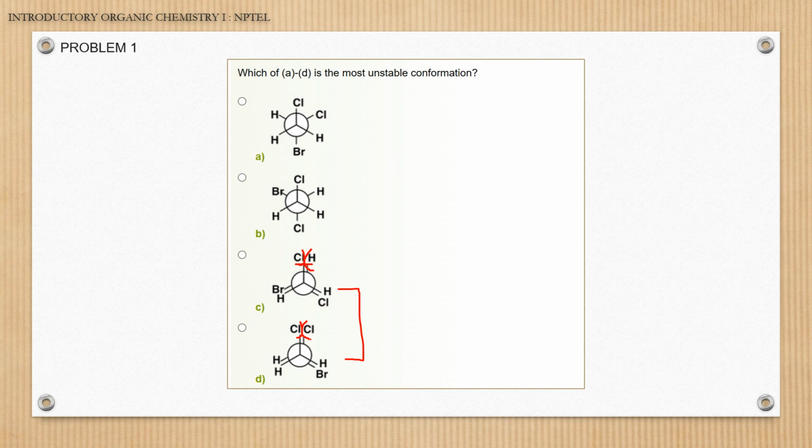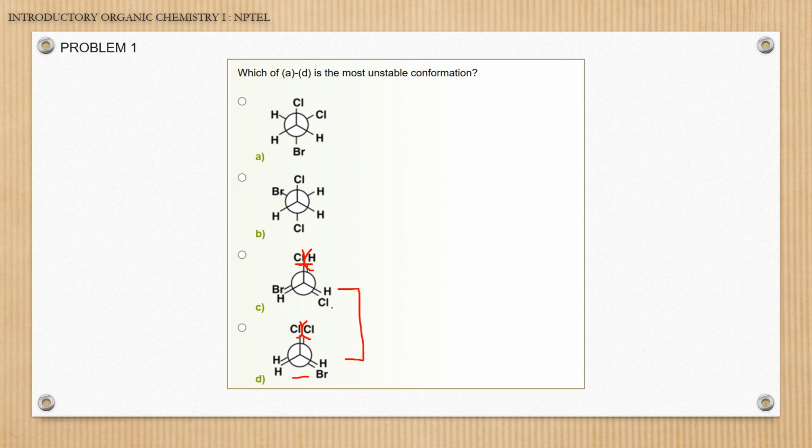The steric strain between chlorine and hydrogen, or bromine and hydrogen, is not as much as that between chlorine and chlorine. So the steric strain between the Cl and Cl atoms is very high, contributing highly towards the instability of this molecule. Because of the steric strain present in the D conformation, it is much more unstable than C.